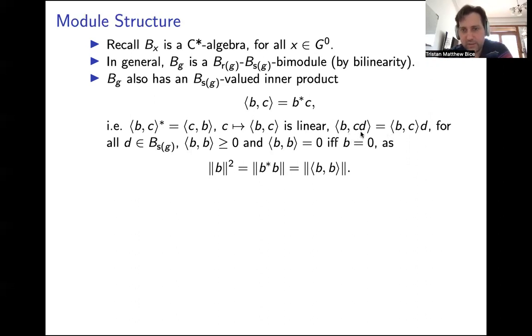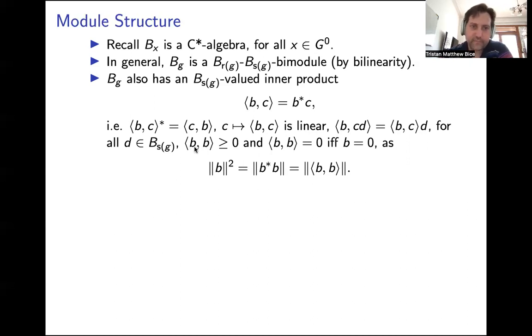It's also linear with respect to the module structure. If you take some elements in BSG, the C-star algebra here, then you can either multiply that inside the inner product or outside the inner product. It doesn't change the result.